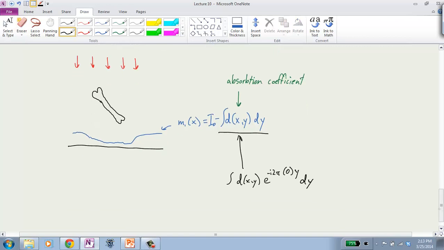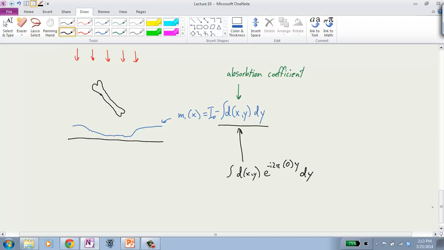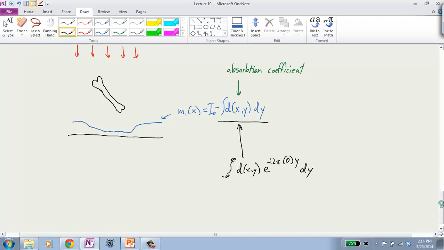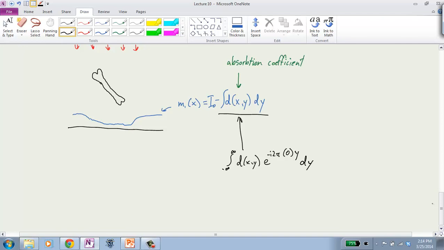Okay, that's not different, but now it looks like a Fourier transform, right? Now remember that we said that, so this is what I want to say.